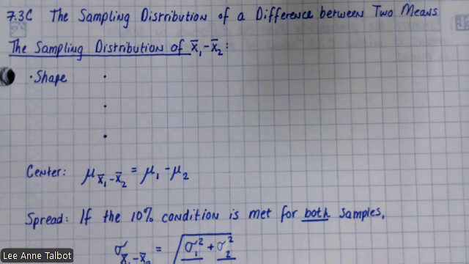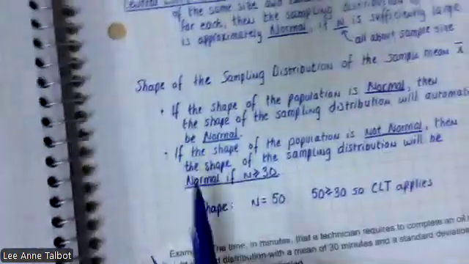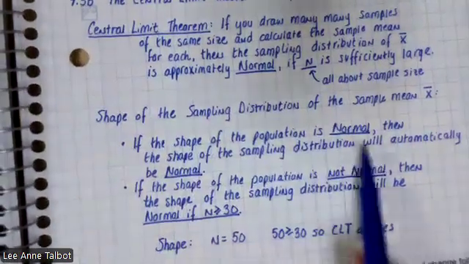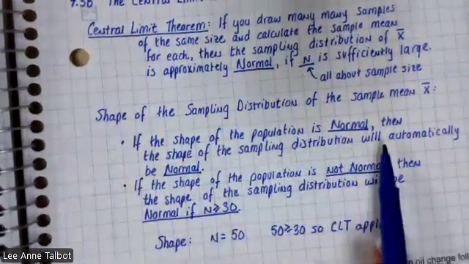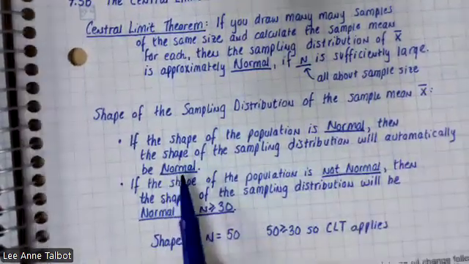But what is the biggest factor for shape? Sample size. Yes. Okay. So on Tuesday, we said if the shape of the population is normal, then the shape of the sampling distribution will automatically be normal.